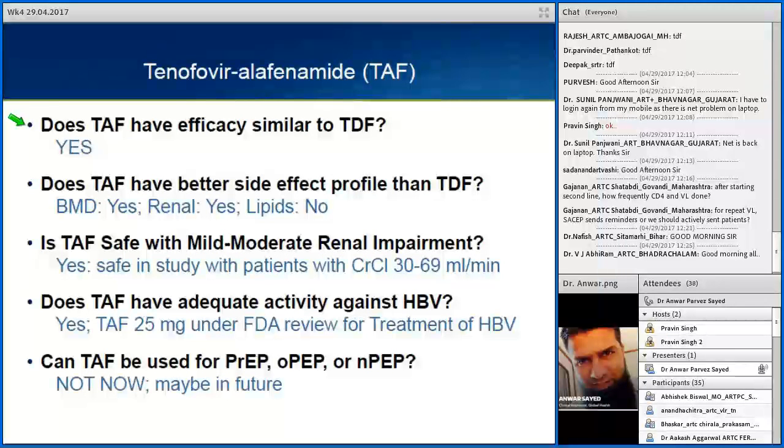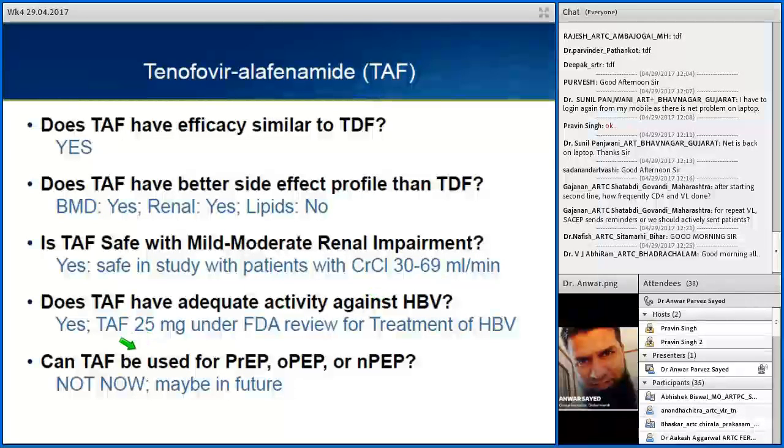So it has similar efficacy to TDF. It does not have renal or bone mineral density toxicities, but patients on TAF may have lipid intolerance or lipid abnormalities. It is safe. It can be used even in patients who have mild to moderate renal impairment with reduced creatinine clearance.